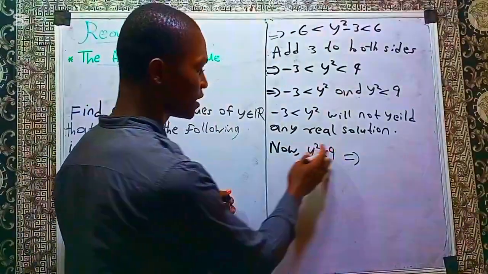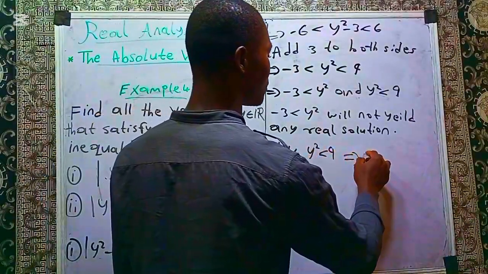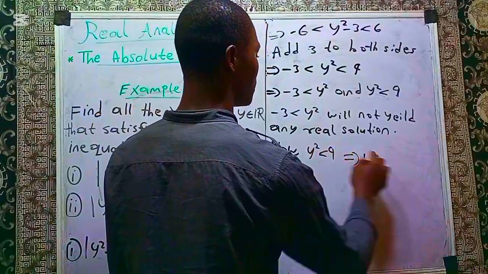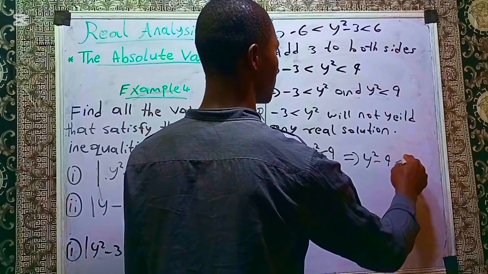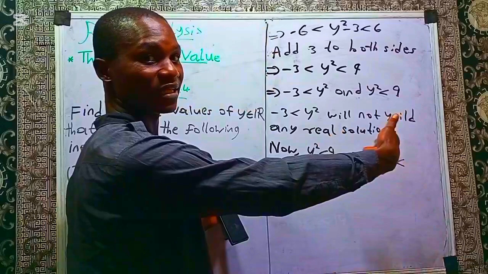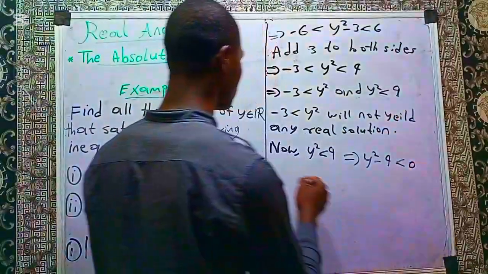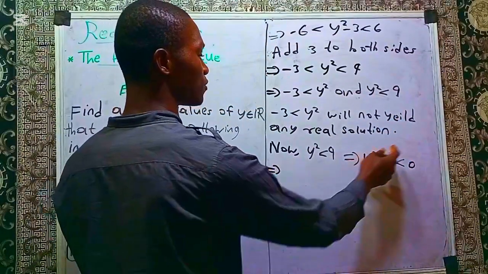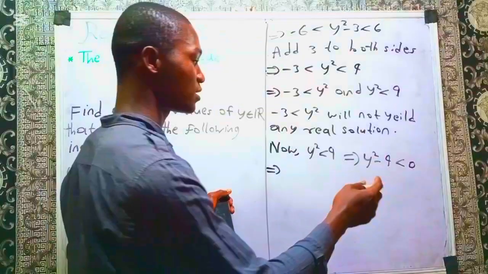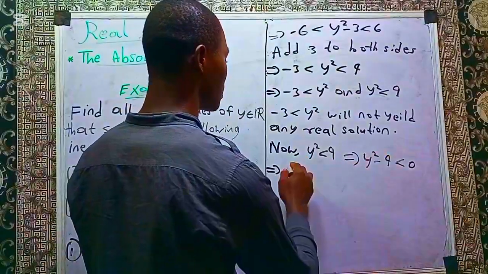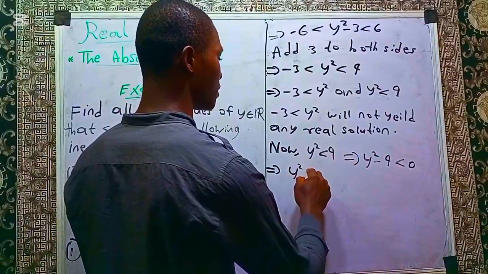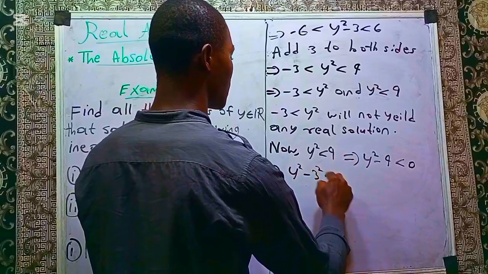So let's move 9 to this side. If we move 9, we will now have y squared minus 9 less than 0. So this implies, let's factorize it, difference of two squares, right? This is the same thing as y squared minus 3 squared less than 0.